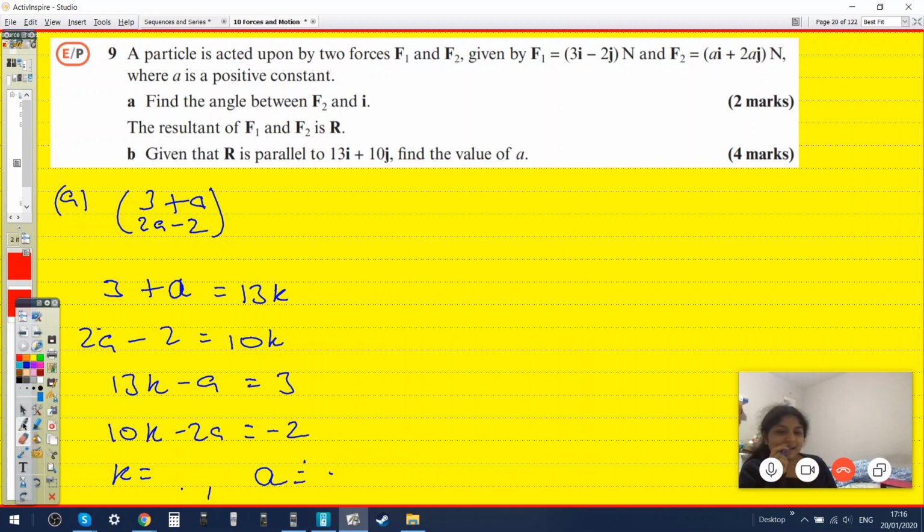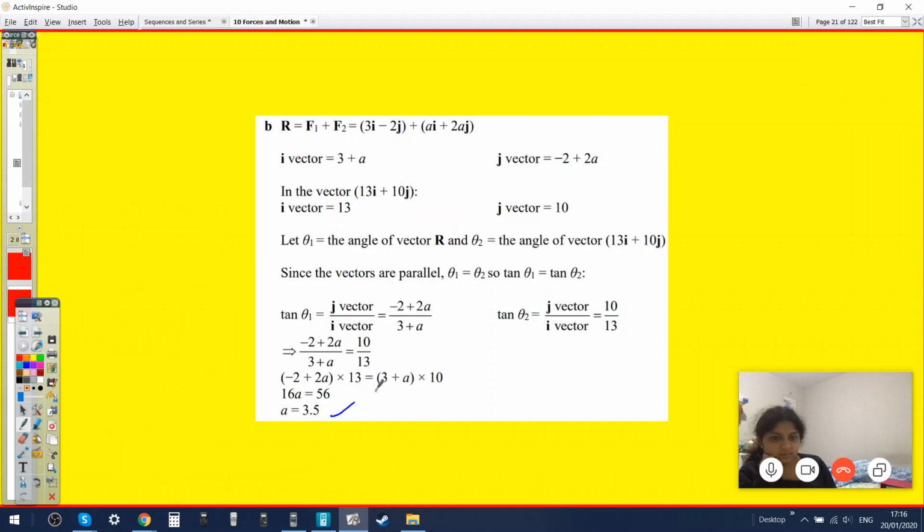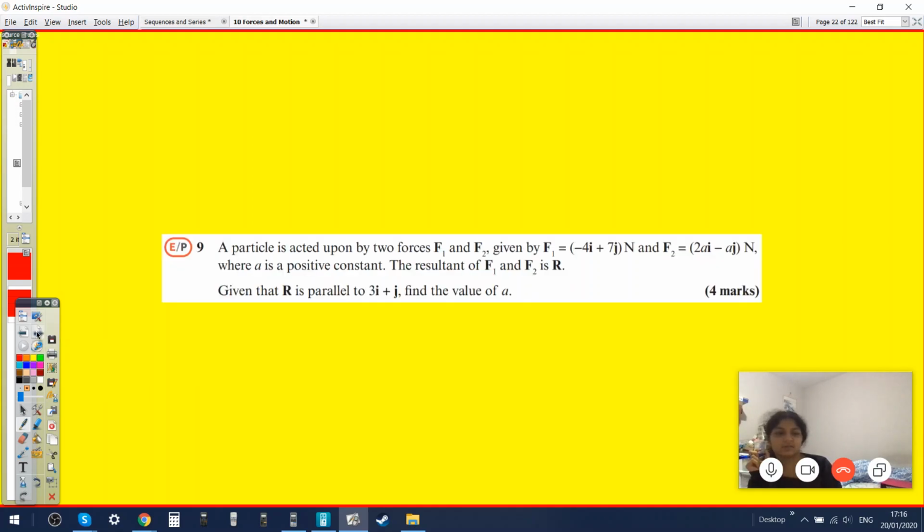A half and 7/2, and that was the 3.5. Yeah, 0.5, 3.5. Wait, you just need to find A. You don't need to find anything else. Okay, right.